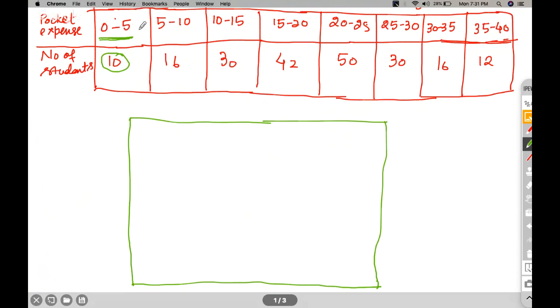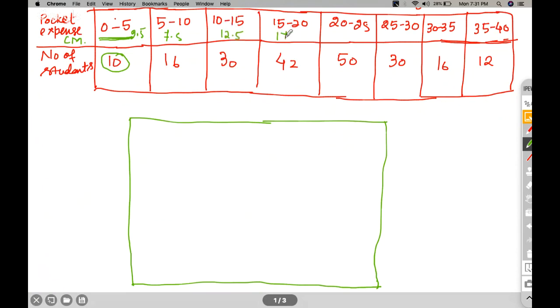So the class mark, as I already told you, rather than making this table, I'll make the class mark here only. The class mark would be: 0 plus 5 by 2 is 2.5. 5 plus 10 by 2 is 7.5. So I'm calculating the class mark here. And 10 plus 15 gives me 12.5.